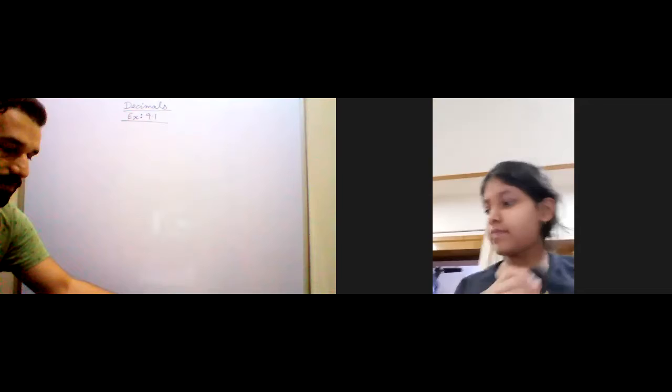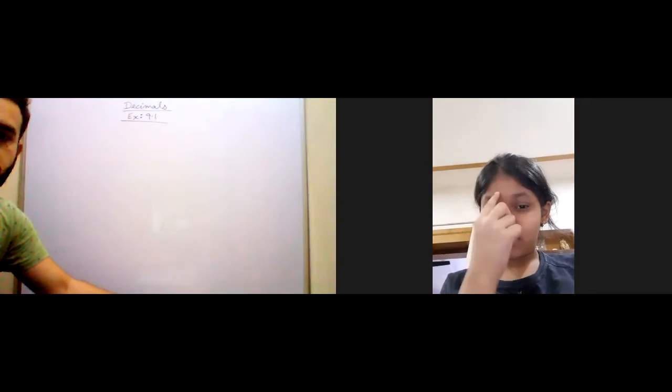Again correct. Correct answer. The questions are very easy in this. I don't think they have given the questions simply. They should have given better questions. Okay. Very good, beta. Correct answer. Thank you, sir.